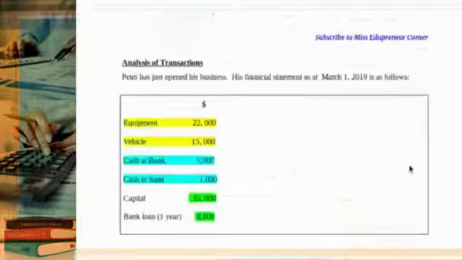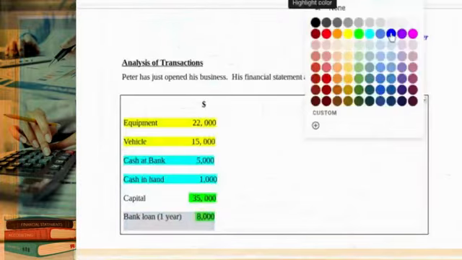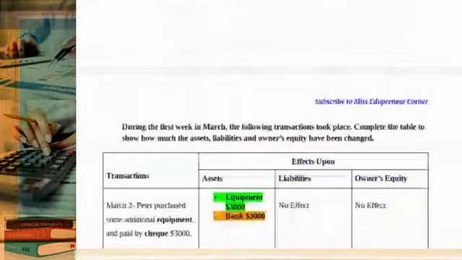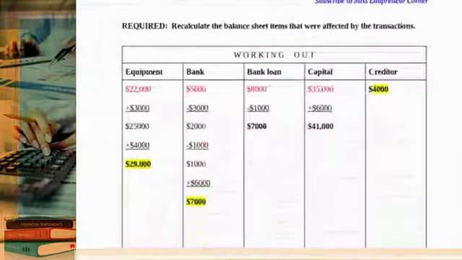So originally, the figure was $8,000 for bank loan. $8,000 was the original figure for bank loan, but a transaction would have taken place which would have affected this figure. So the new figure for bank loan is $7,000. So this will be taken to our new balance sheet.